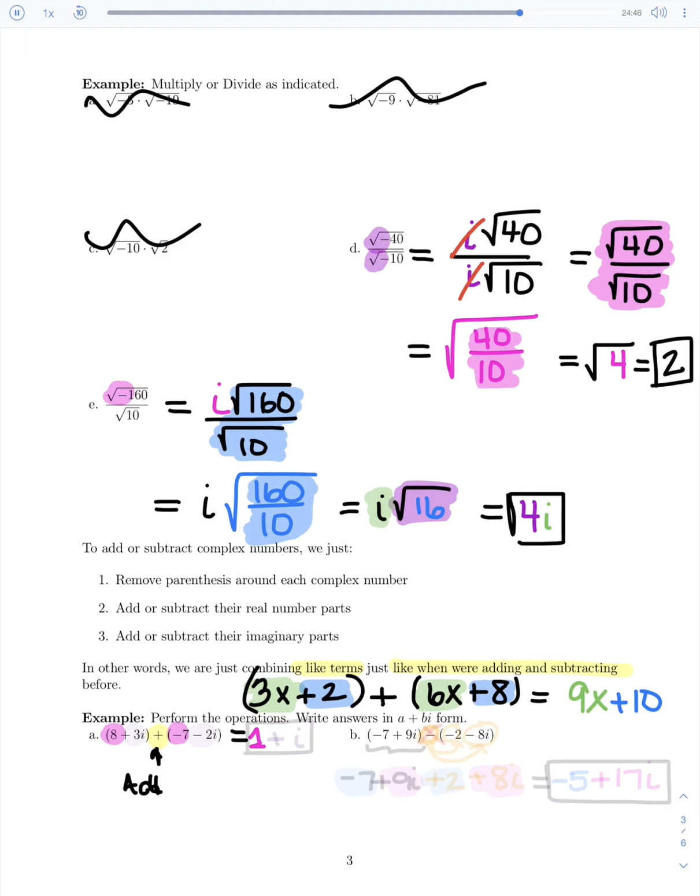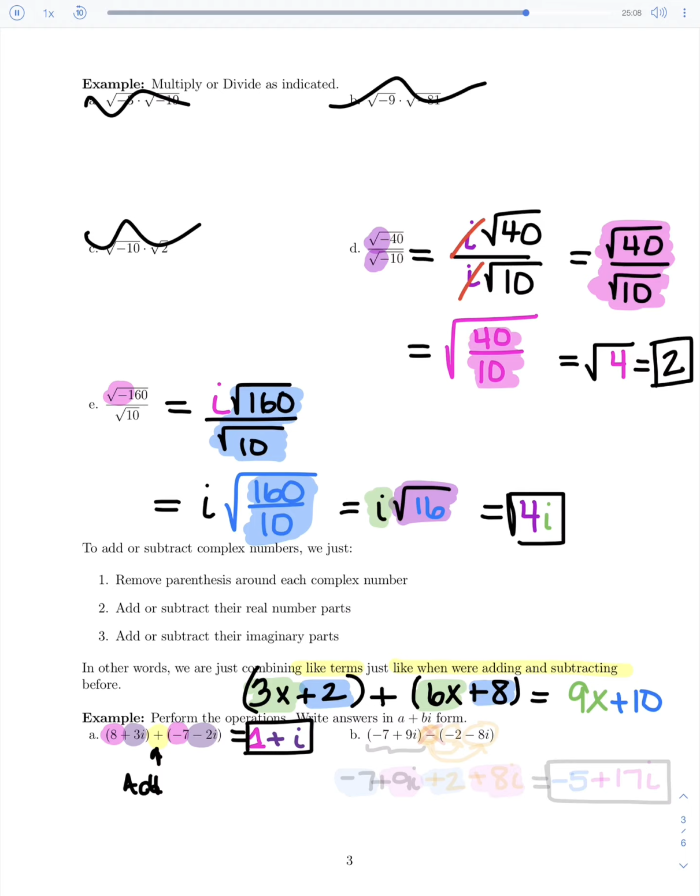And then you take a look at your i terms, which is a positive 3i and a negative 2i, which gets you a positive 1i, which is just an i. And that's it. You're just adding and subtracting, nothing fancy. You're just combining like terms.